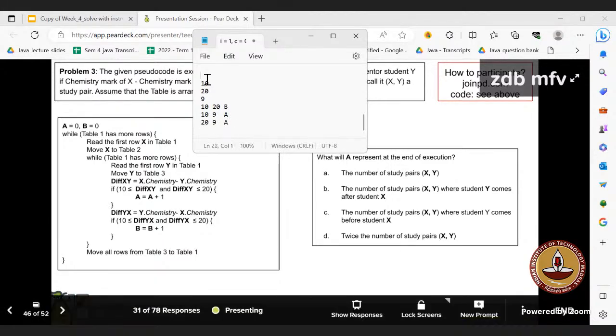I think we should take one more card here. 7. Seven, 10, you will check. 7, 20 you will check. 7, 9 you will check.